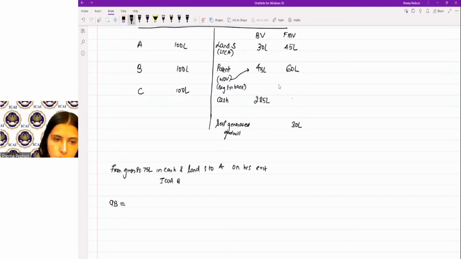Index cost of acquisition of land is 45 lakh. What will be my 9B?